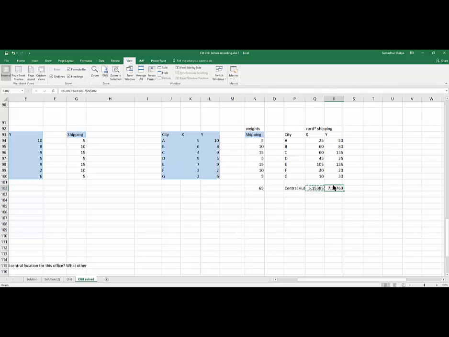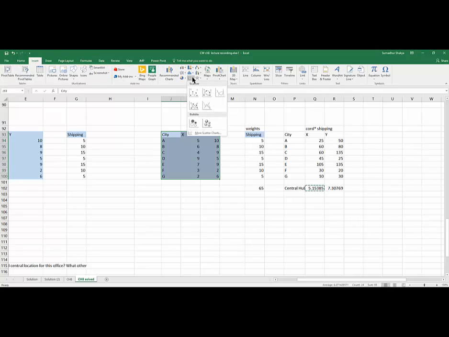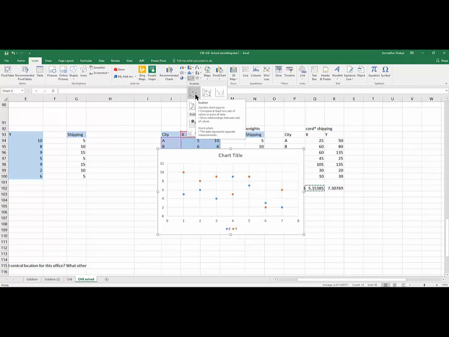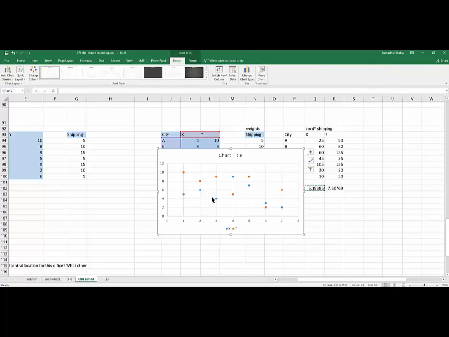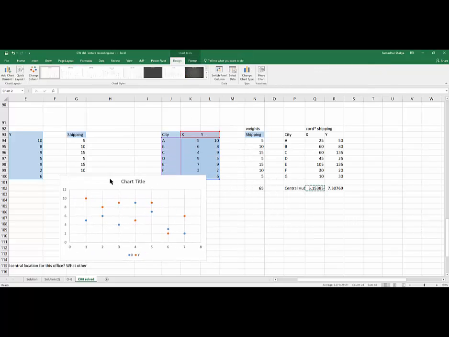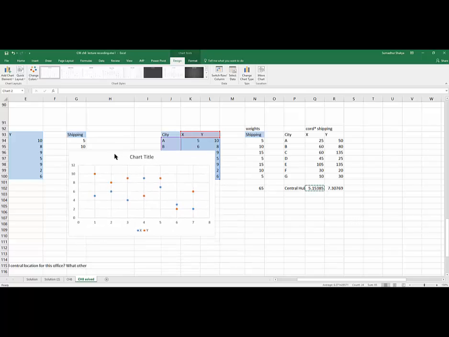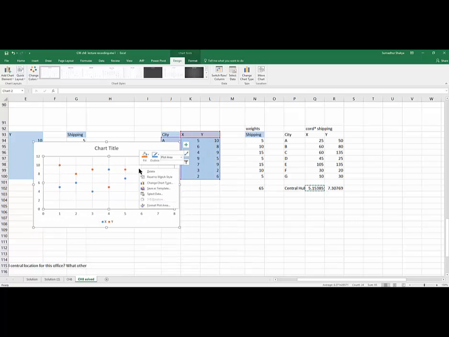Therefore, an easier way to do this, to graph it so we can get a better picture, is I can select these and insert an XY plot. This seems to be something weird.